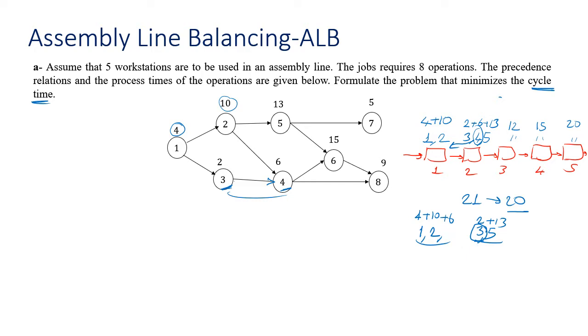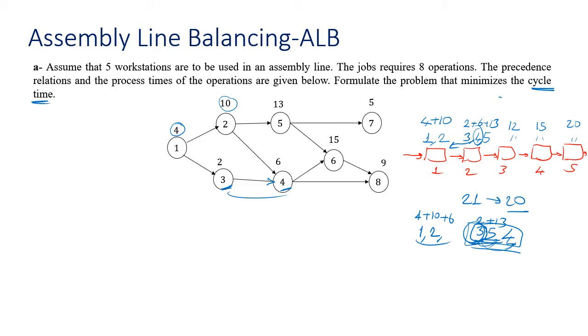It means that if instead of assigning 4 to the first one, I assign it to the second station, so in the second station now I have task 3, 4, and 5. This task 3 should be completed earlier than 4 and 5. And in the same station, I can arrange the order so I can process first the third operation, then the fourth, then the fifth. Okay, so I can do this.